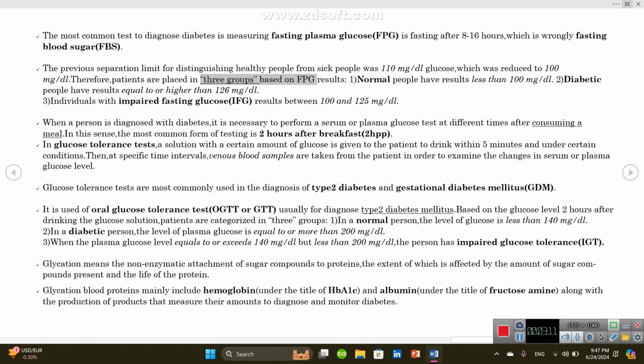Number one, the first category is normal people. Normal people have results less than 100 milligram per deciliter. The second one is diabetic people.